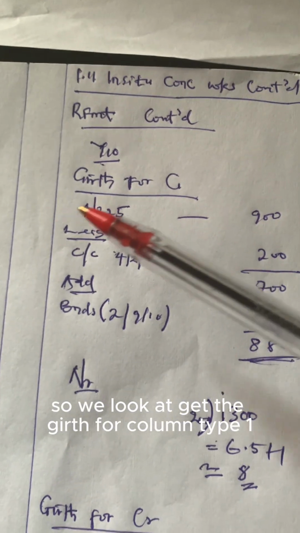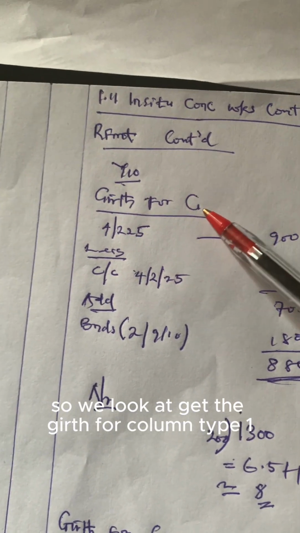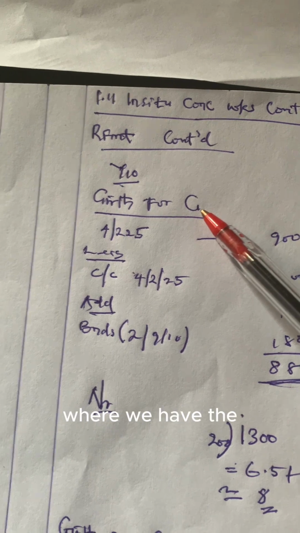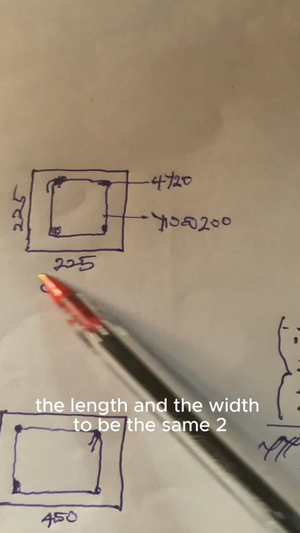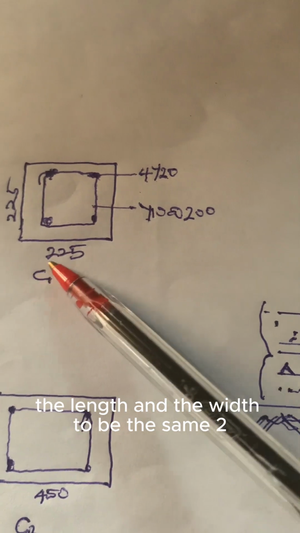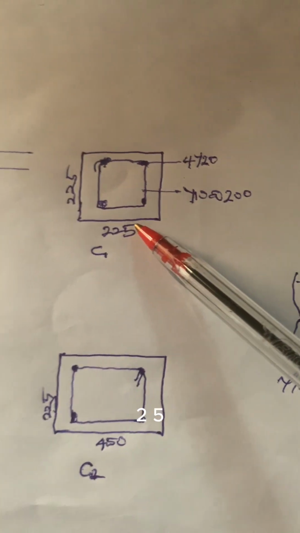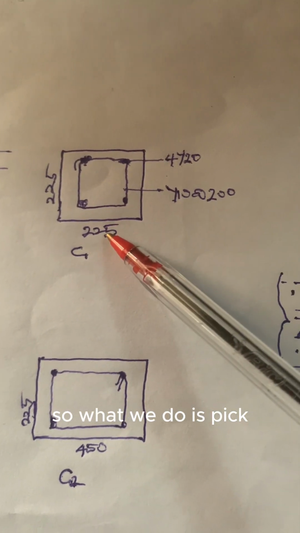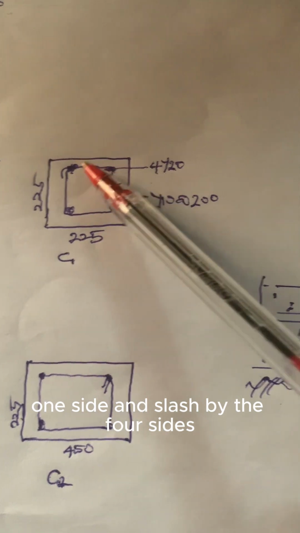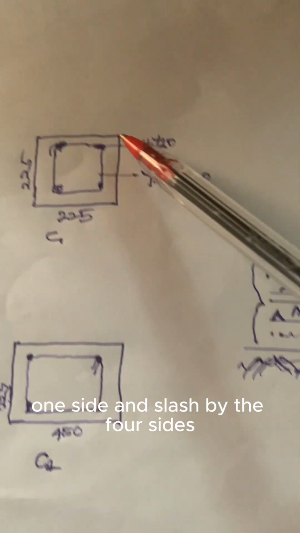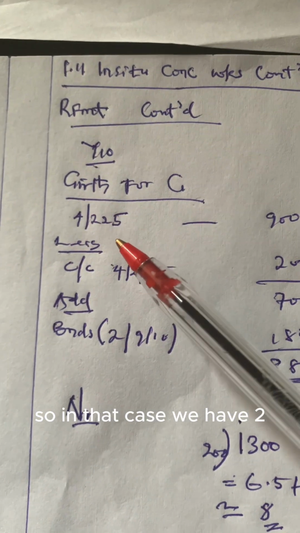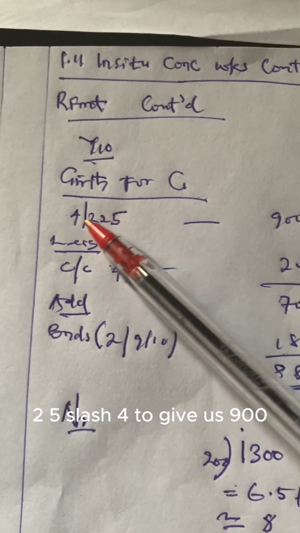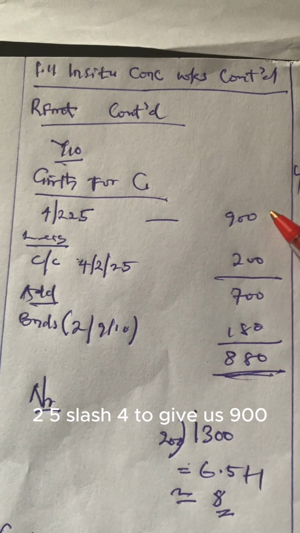So we look at column type 1, where we have the length and the width to be the same, 225. So what we do is pick one side and multiply by the 4 sides, since they are all equal. So in that case, we have 225 times 4 to give us 900.